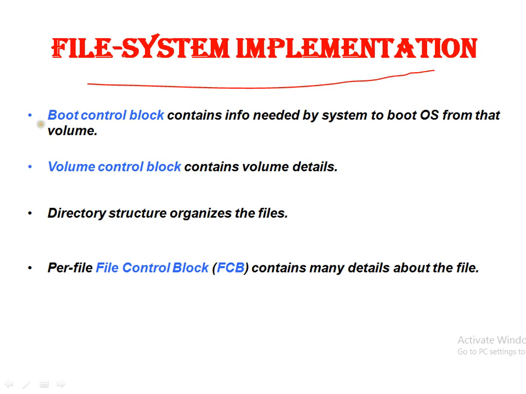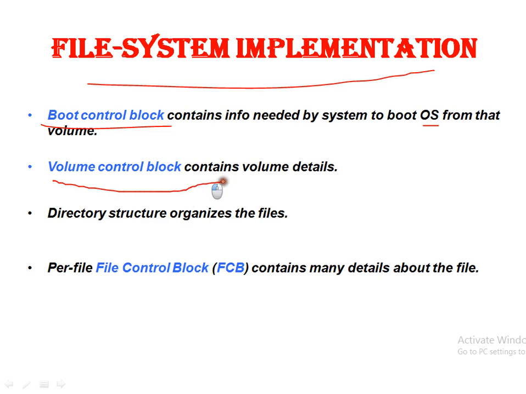So what is the boot control block? We are aware that whenever the system is switched on, the booting process takes place. This boot control block contains information needed by the system to boot the operating system from that volume, that is, from that particular storage.